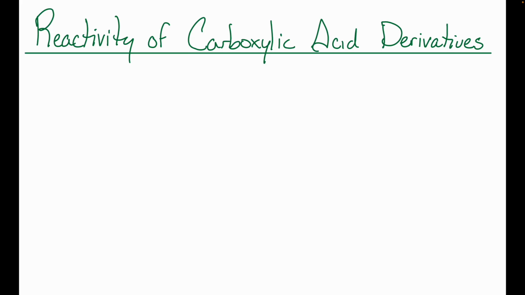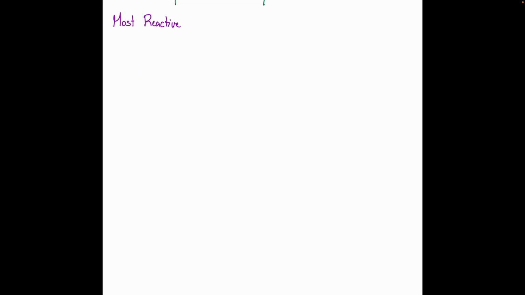All right, what we're going to do is we're going to take all those carboxylic acid derivatives. We're going to rank them from the most reactive to the least reactive. And we'll talk about what that means to be more or less reactive here in a second.